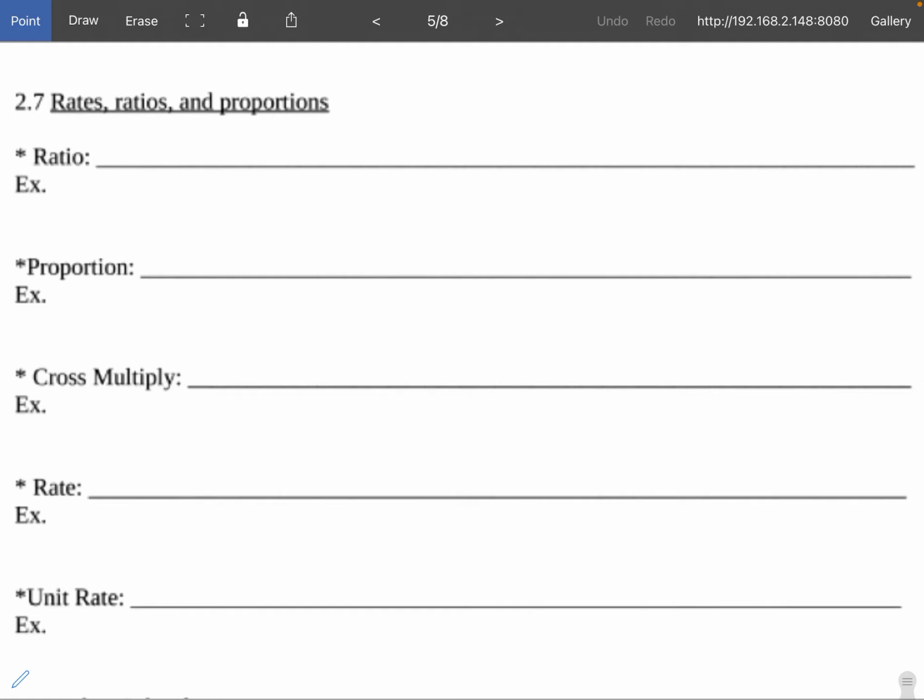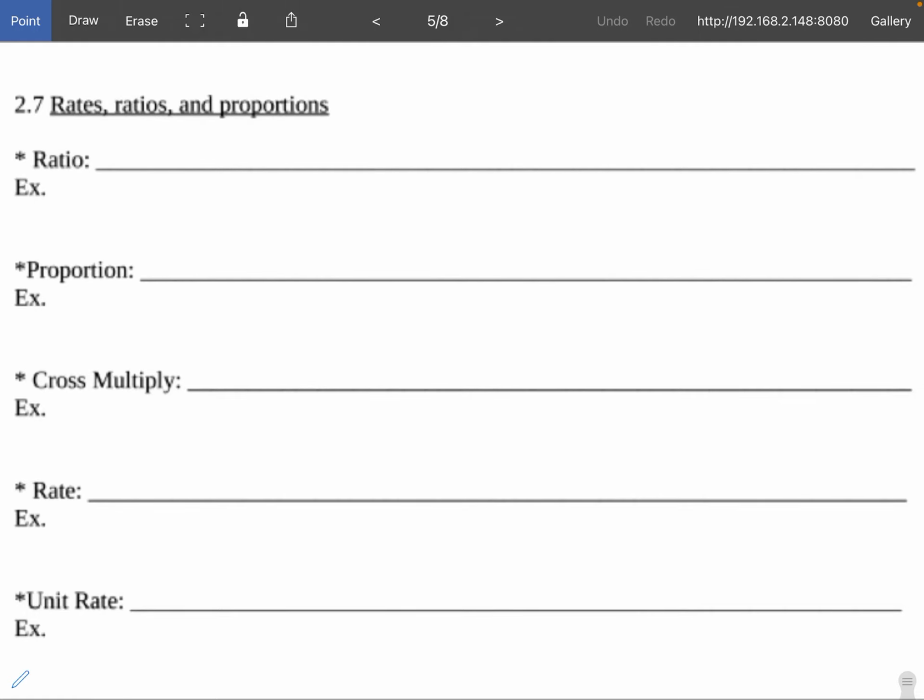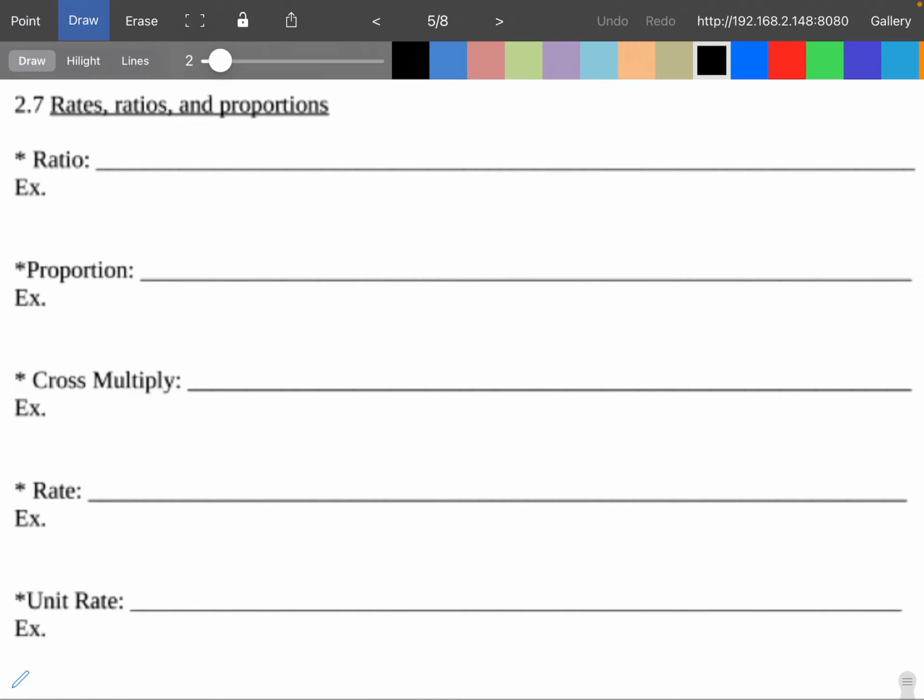Okay, so we're going to fill in these definitions. So the first definition here is for a ratio. Now, a ratio, probably the simplest way to say it's just a fraction. Okay? A ratio is a fraction, but we'll write a more formal definition.